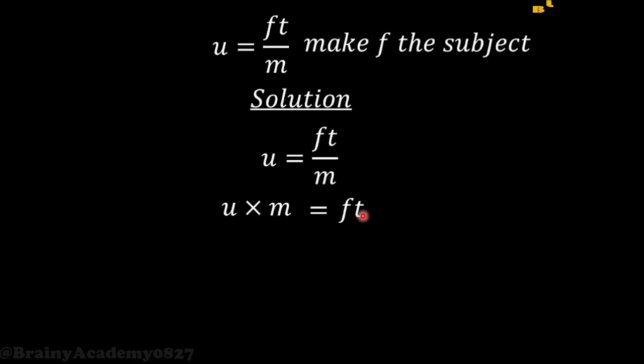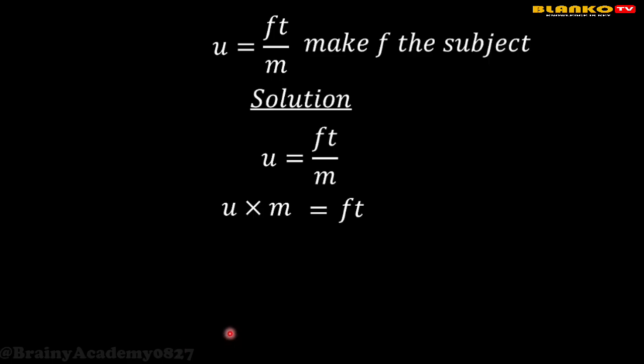I said first we are going to multiply both sides by m, so we get u times m equals ft. The question said we should make f the subject, right? So to make f the subject, let's divide both sides by t.